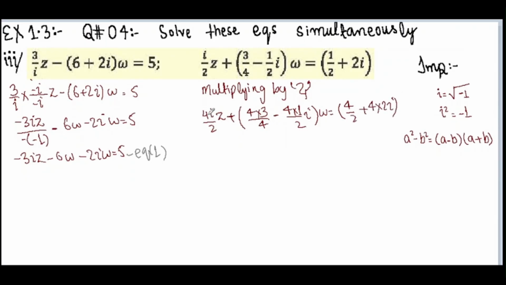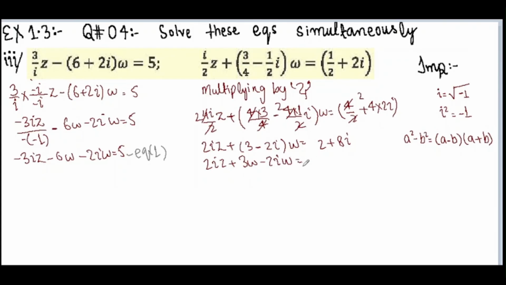Now here we can see we can cancel all these terms. So 2 2s are 4, 4 1s are 4, 2 2s are 4, 2 2s are 4. Okay, 2 iota Z plus 3 minus 2 iota into W equals 2 plus 8 iota. So now we can get 2 iota Z plus 3W minus 2 iota W equals 2 plus 8 iota.